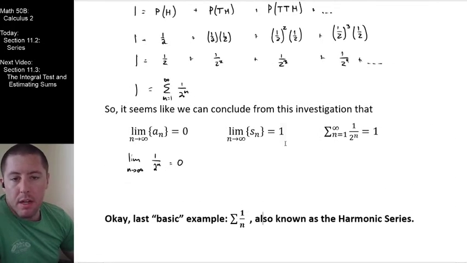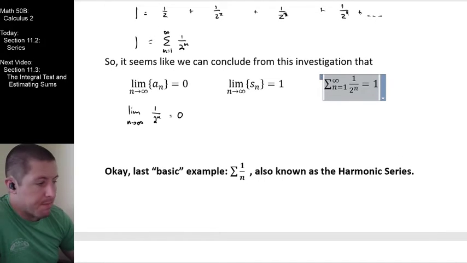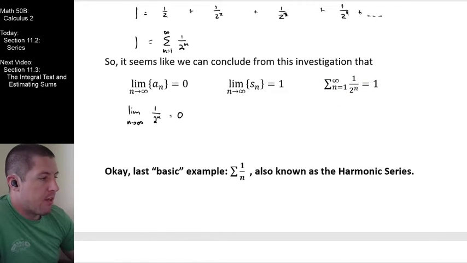So I hope that we're convinced that this partial sum sequence is going to limit towards 1. And therefore, overall, I think we can conclude that the series itself is going to sum up to 1. All right? So that's good.